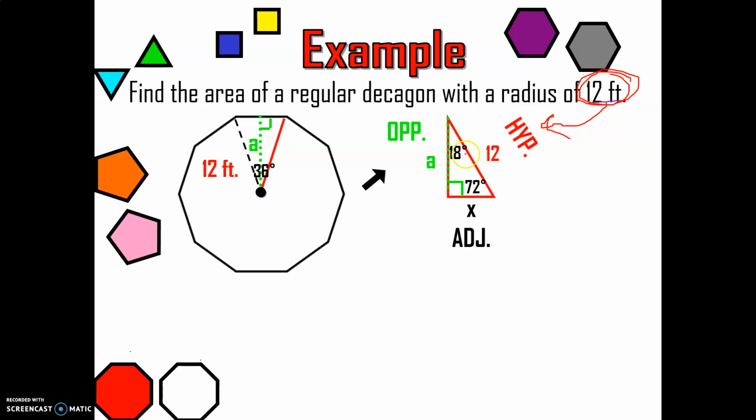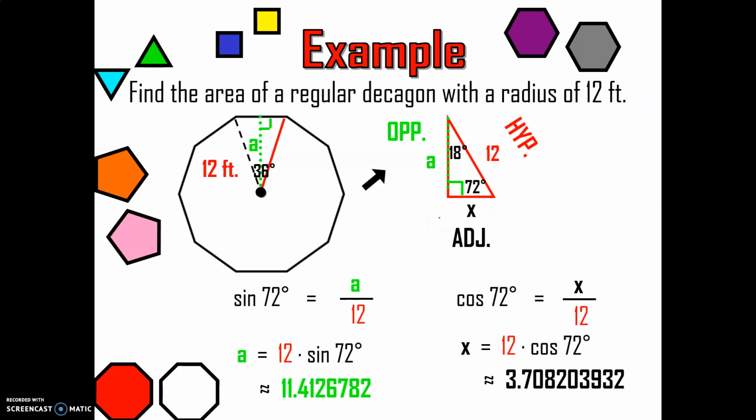And this 18-degree angle is complementary to 72. We have our value of a here that we're going to solve for, and our value of x, which is half the side. When we do our trigonometric ratios, we get sine 72 is equal to a over 12, and cosine 72 is equal to x over 12.